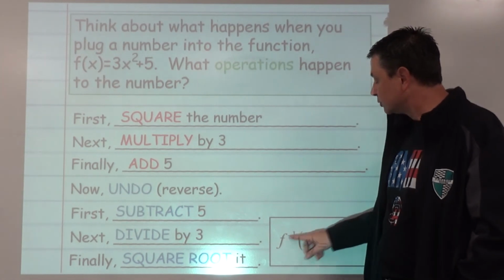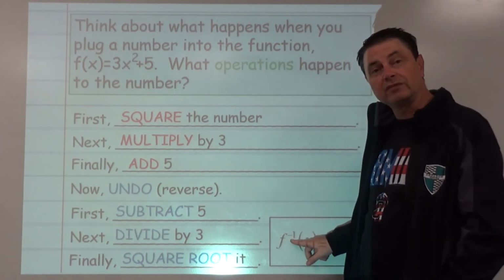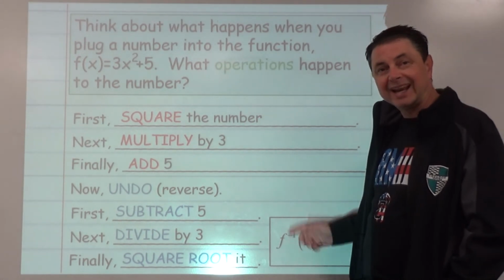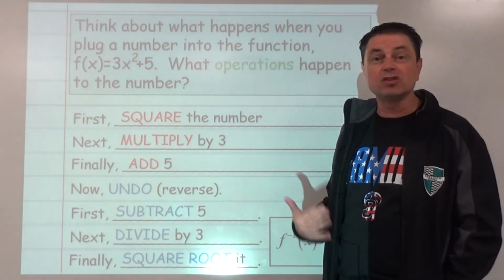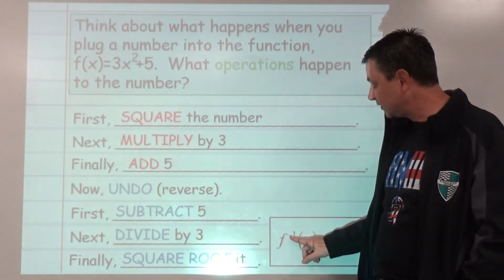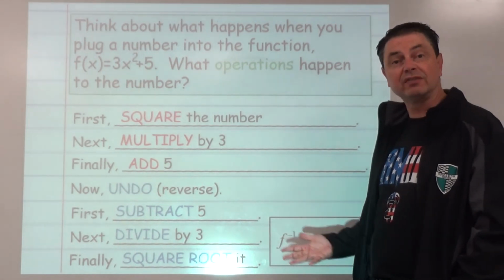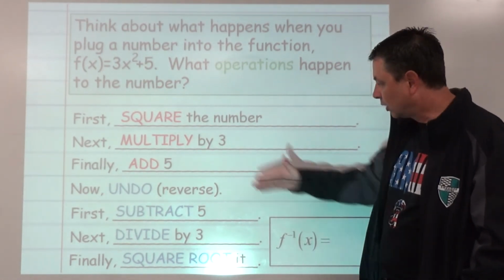So that takes us to what the inverse function would actually look like. And this is the proper notation for inverse function. It's f, and it looks like an exponent of -1, but f is not a variable. It has no value, so it's just notation, and it means f inverse of x, or the inverse of f of x. So what happened?